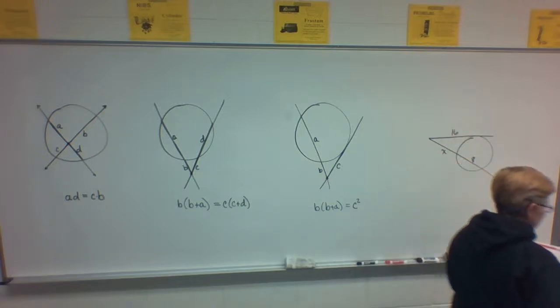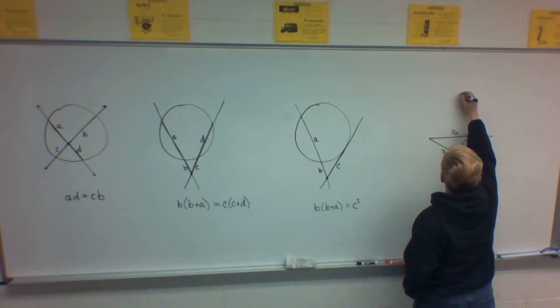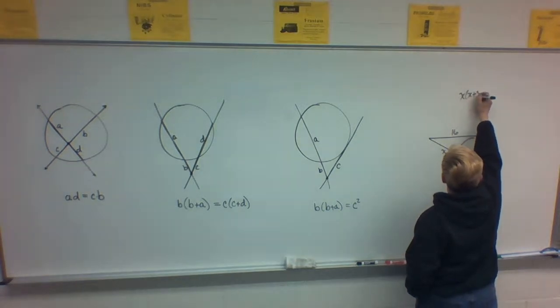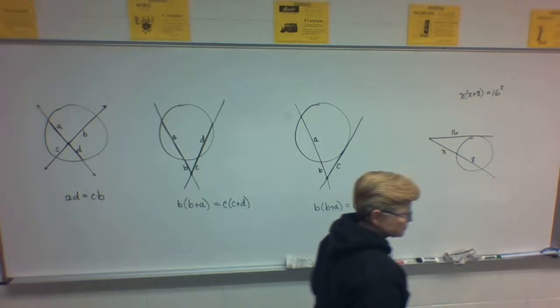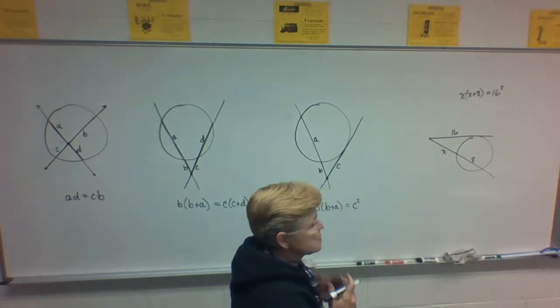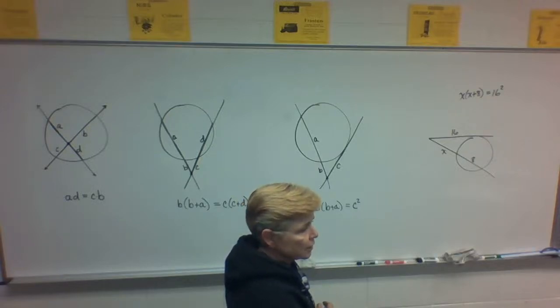Okay, so I'm going to write something down about this. You look around on what I gave you and see if you understand why I wrote what I did. It's going to be x times x plus 8 equals 16 squared. Y'all see it? Everything's good.